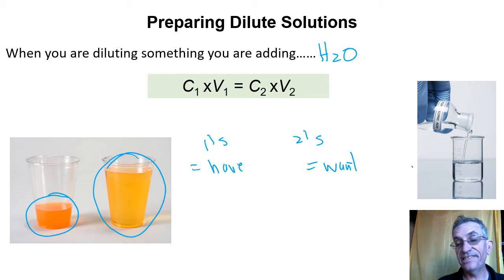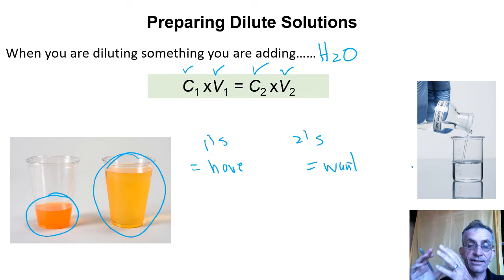So C is your concentration. The concentration I have times the volume of it I have will equal the new concentration times the new volume.